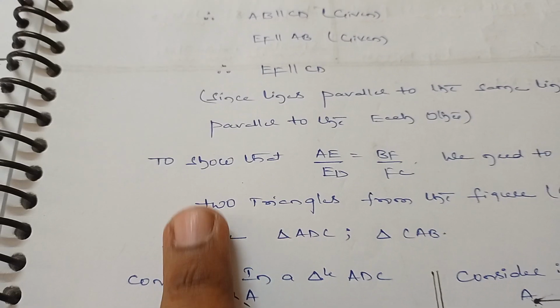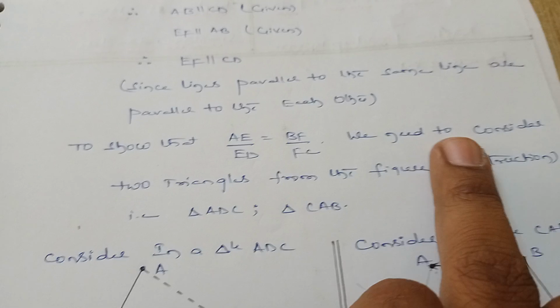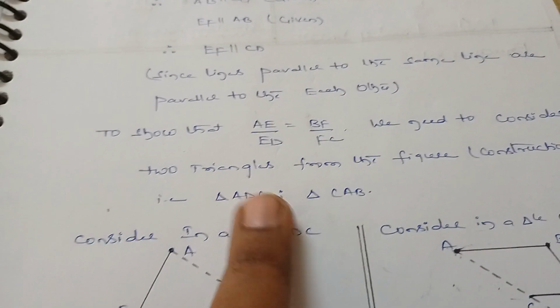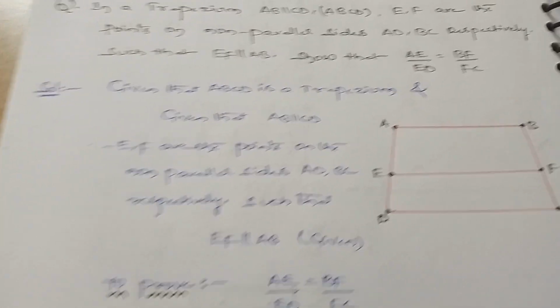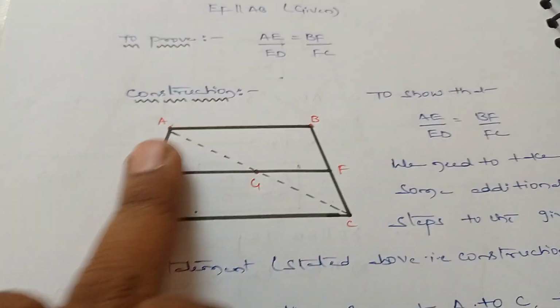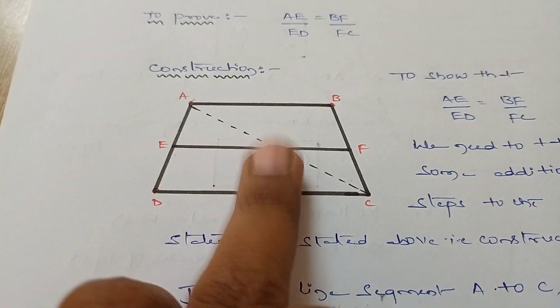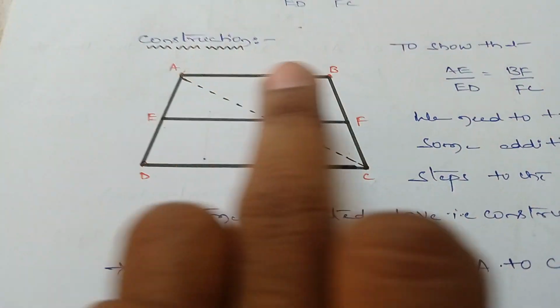Now we need to show that AE by ED equal to BF by FC, right? To show that, we need to consider two triangles, guys. From this construction figure, we need to take triangle ADC, one triangle, and triangle CAB.